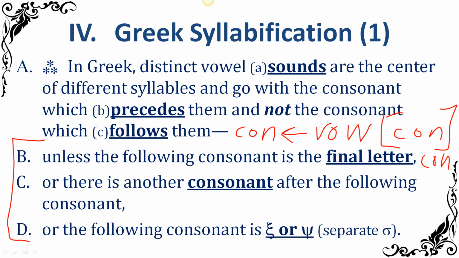But the second consonant will get tacked on to the next one. This isn't a double consonant, this is a following consonant. If you have two consonants together, I shouldn't say double consonants, I just used the wrong term. So you put one with one syllable and one with the other, right? So if you have a consonant followed by a consonant, the first one goes with the first syllable, the second one goes with the second syllable.